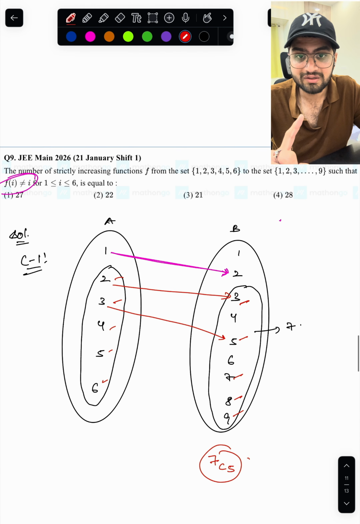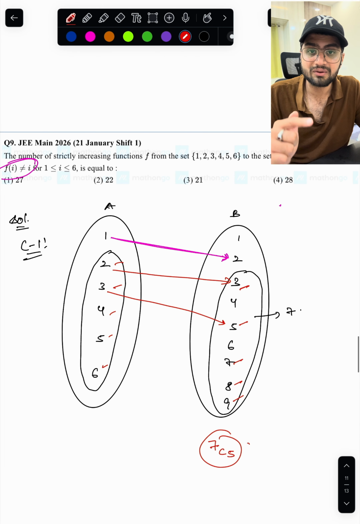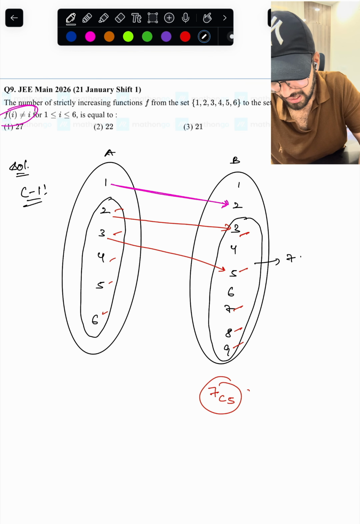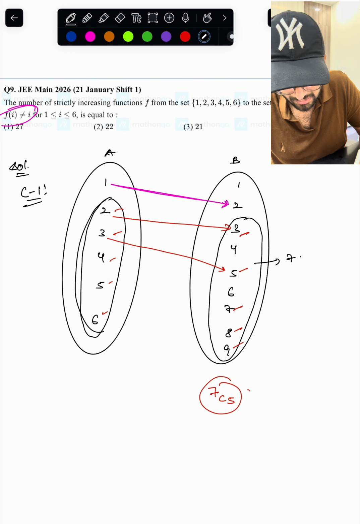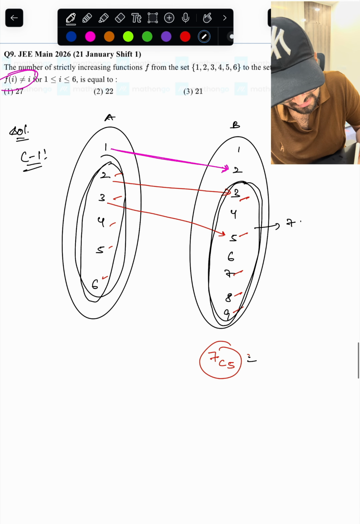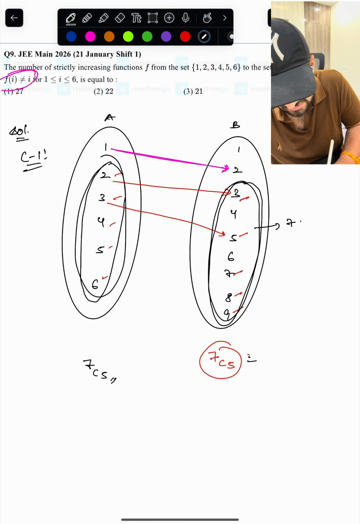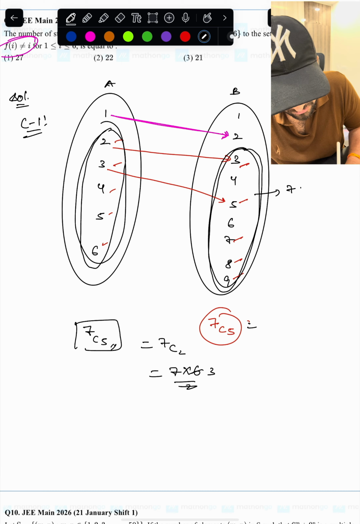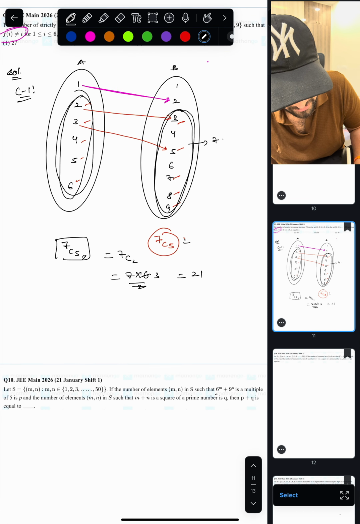Because they are in increasing order, we can arrange them in one way. So when I mapped 1 with 2, the rest of the 5 can be mapped with these 7 in 7C5 ways, which is 7C2. So you get 7 into 6 by 2, which is 21.